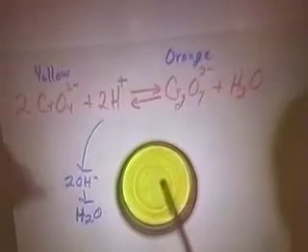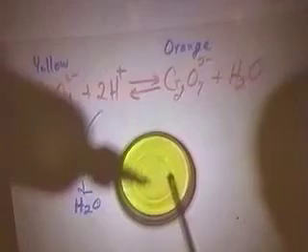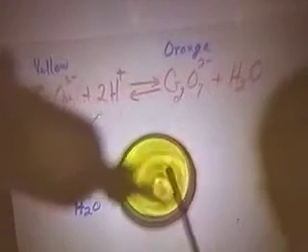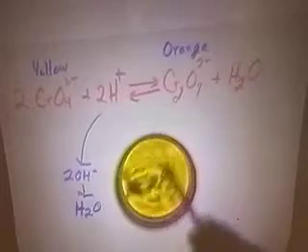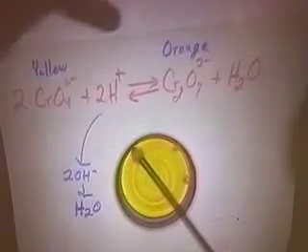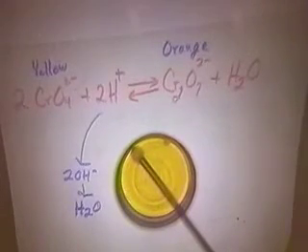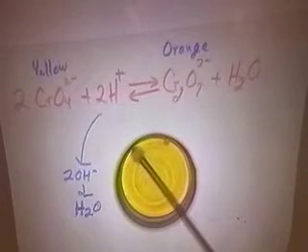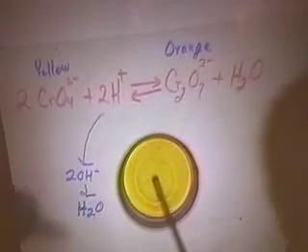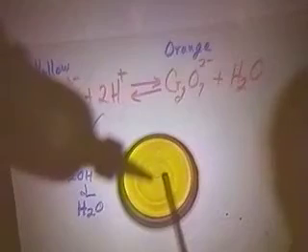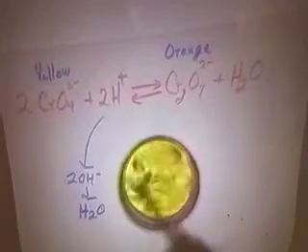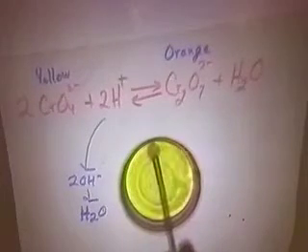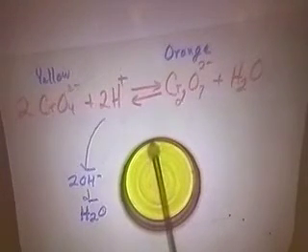One thing about equilibriums is that they can be shifted back and forth a number of times. So if we put about 10 drops or so back in there of the hydrogen ion, Le Chatelier's principle tells us it should shift to the right once again, and we see that it has done so. If we put some base back in here again and stir it, we see that the orange color disappears, and we've gone back to the yellow chromate ion.